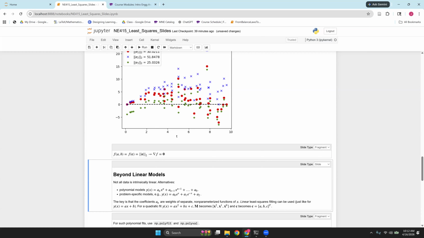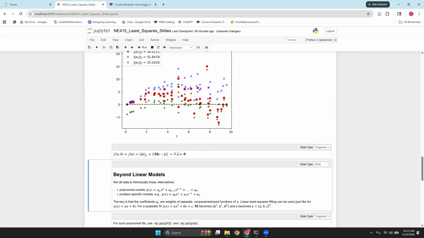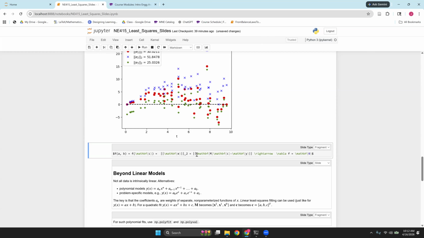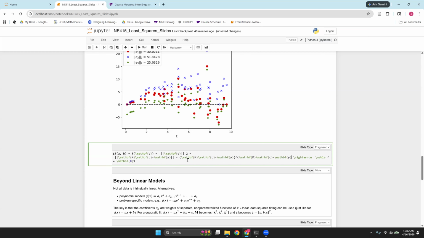And that, when you take the expression for error, which in terms of the matrices is the following, this is equal to the norm of the design matrix times C minus the measured values Y. But because it's the L2 norm, that's actually equal to this expression here, transpose with itself.